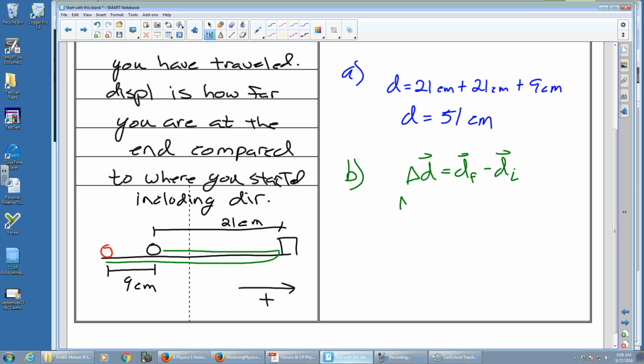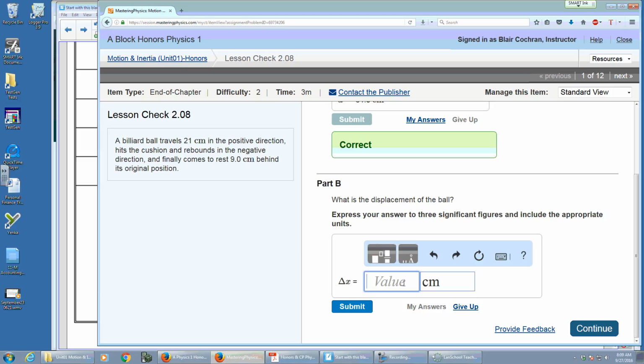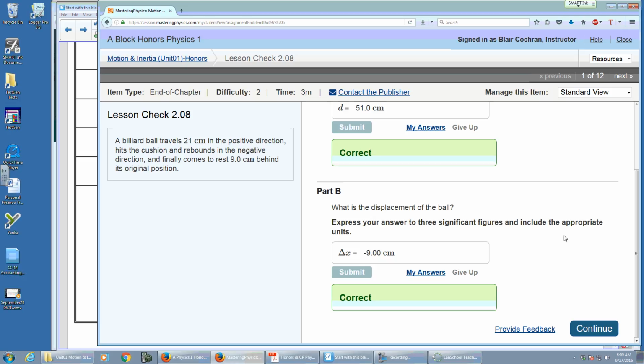And so my final position is going to be -9 centimeters minus my initial position, which I'm going to call 0 centimeters. And I get a displacement of -9 centimeters. Let's see if that's correct. Yay! Always like it when I get the green correct.